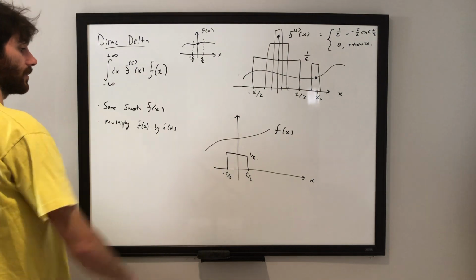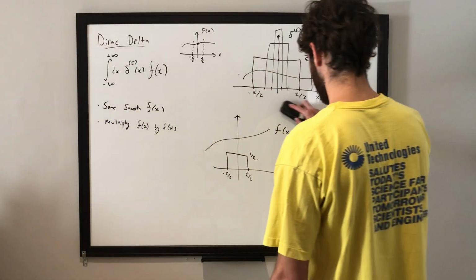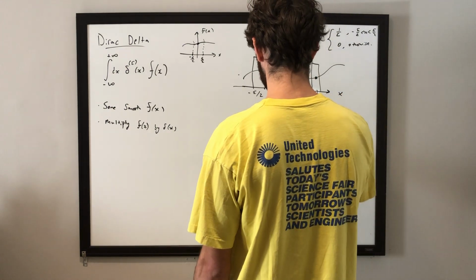So I multiply the two together, and you can kind of just imagine what's going to happen if I write the product out. So I'll just say this is f of x.